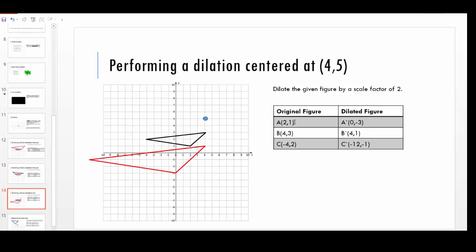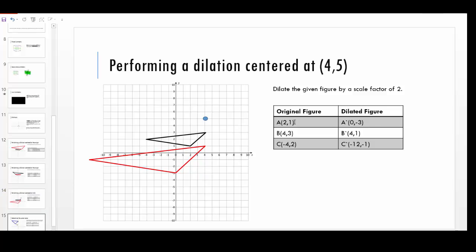So when we double that distance of 2, we get 4, and when we subtract 4 from this 4, we got 0. Similarly, for the y coordinate, A was 1, 2, 3, 4 away vertically. So when we double that distance, we get 8. And when we subtract 8 from 5, we get -3. So that's how we perform a dilation at some point other than the origin.